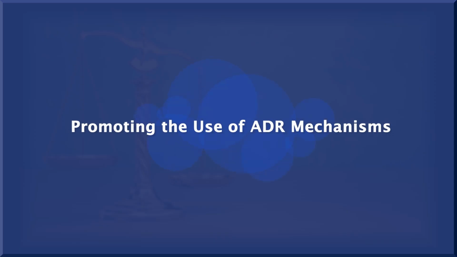Promoting the use of ADR mechanisms. Alternate dispute resolution refers to a range of methods that offer alternatives to traditional court litigation. The Government of India has actively supported the use of ADR as a means to resolve disputes more efficiently.